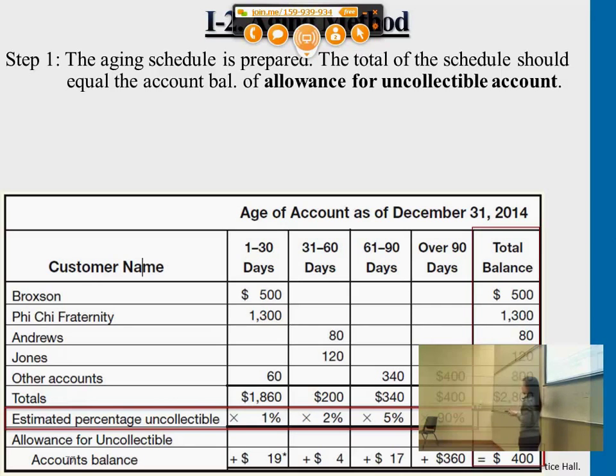Uncollectible account expense, allowances for uncollectible accounts. What you get at the end of this is the target balance of the allowance account. And you calculate the difference between last year's balance and this year's new balance. So $300 is the part that we want to additionally estimate for this year.